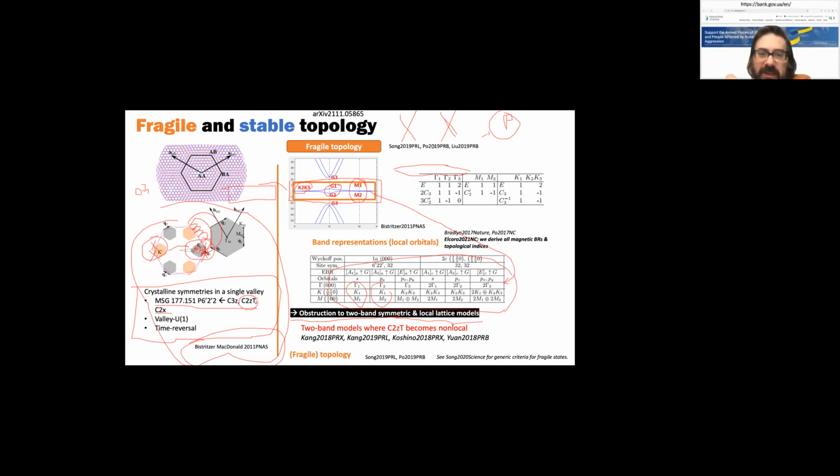Because particle-hole symmetry anti-commutes, the reason why there's a G1 representation here in the G2 is that particle-hole anti-commutes with C2x, with a spatial symmetry. So it flips these, and that's why these are fixed to be M1 and M2, which are the two representations of C2x. And if you do this, you immediately see that, because we have all the atomic limits, there's no way to write this down as a sum of atomic limits.